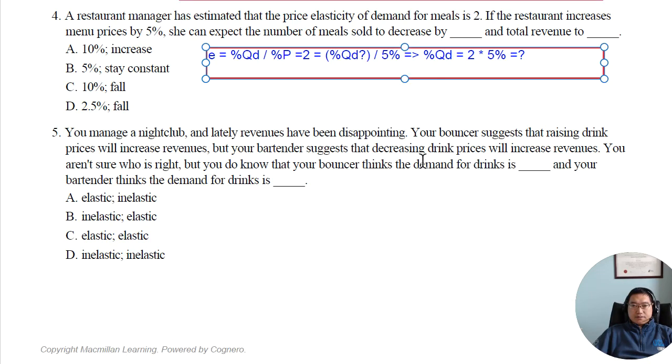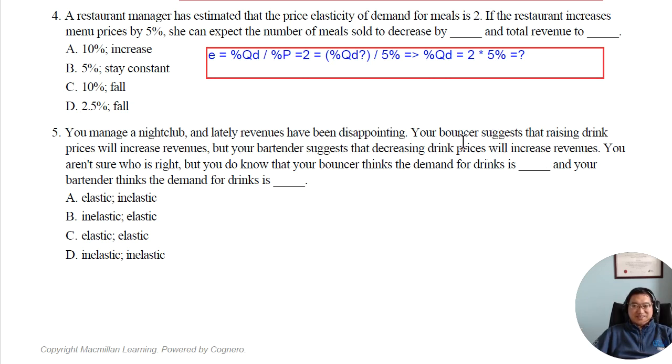All right, let's look at question 5. You manage a nightclub. How nice. And lately revenues have been disappointing. Your bouncer suggests that raising drink prices will increase revenue.